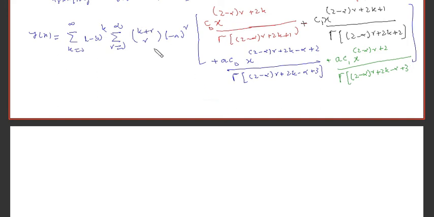Now we need to convert this notation into factorial form. This becomes (k+r) factorial, and in the denominator r factorial and (k+r-r) factorial, which is just k factorial.